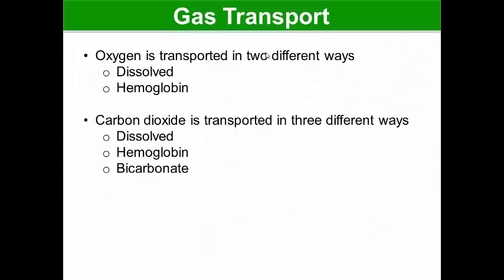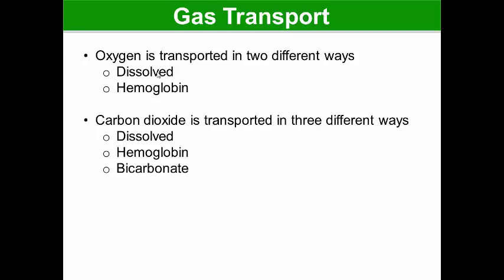Oxygen is transported in the blood in two main forms: oxygen which is dissolved in the plasma, and oxygen which is bound to hemoglobin. Most of the oxygen is transported bound to hemoglobin, as we are going to see in the subsequent slides.